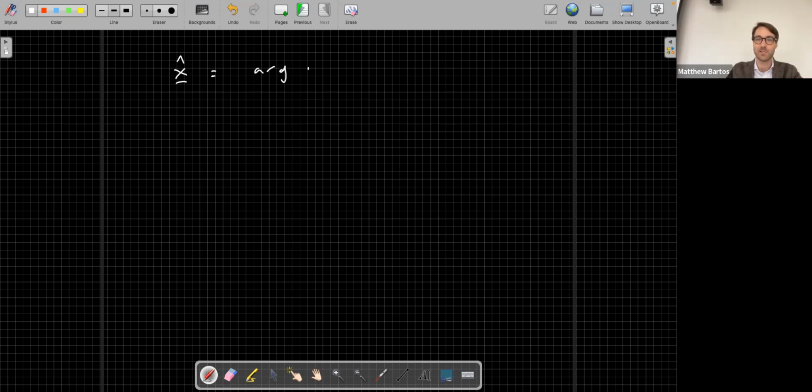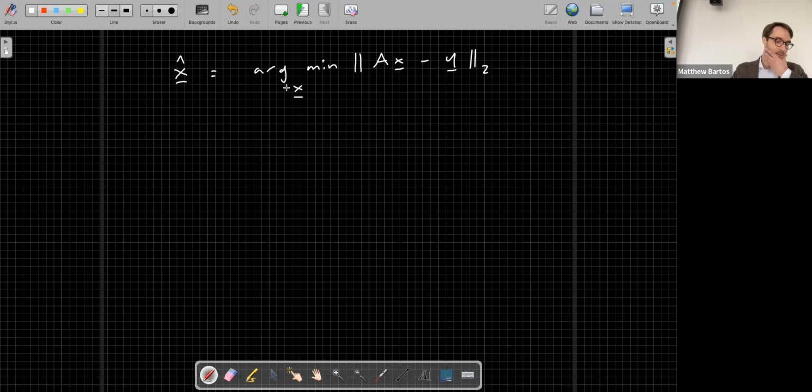I'm going to say that X hat is equal to argmin of the 2 norm of AX minus Y. Essentially we want to find the X that minimizes the difference between AX and Y. Note that if this is overdetermined, there will be no X that gets us to 0, since AX cannot equal Y, but we're finding the X that gets us as close as possible to 0.